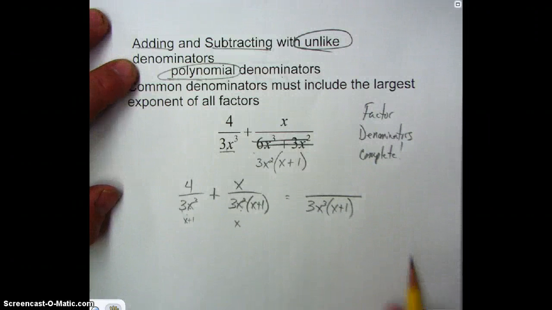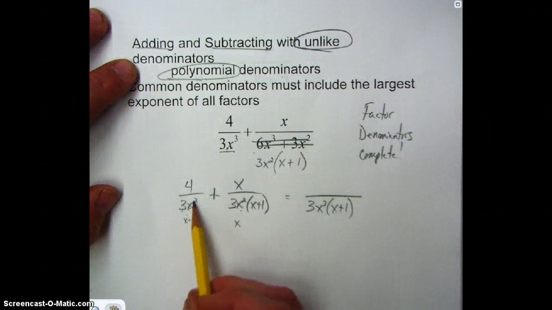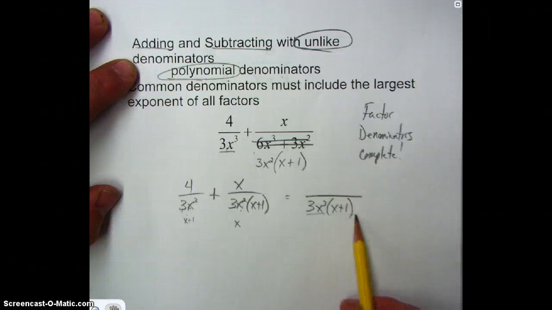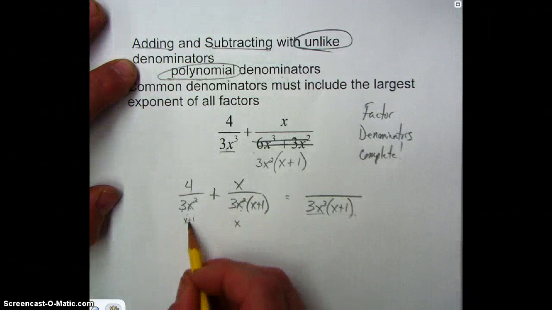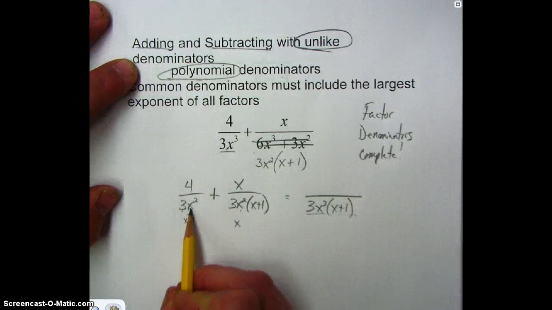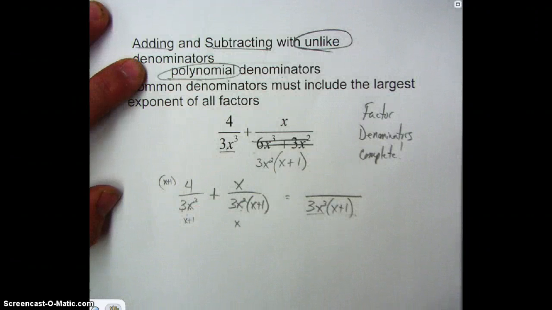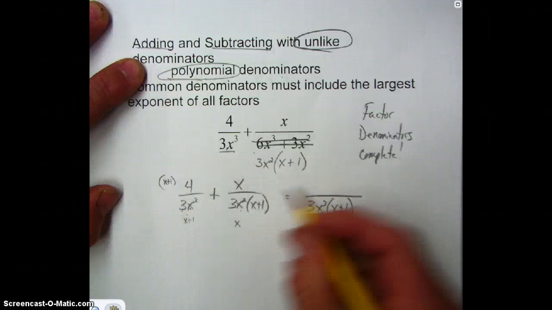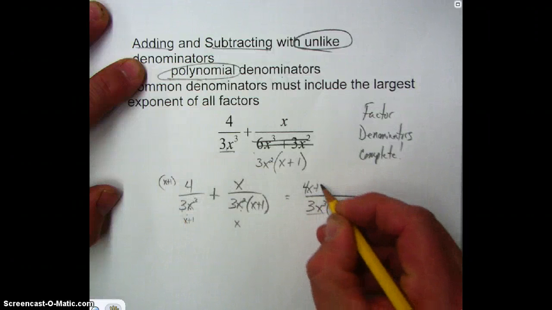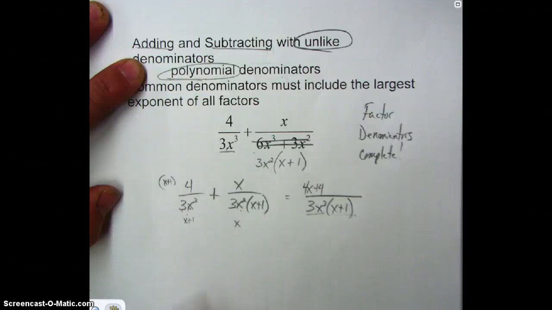So this is 3x cubed, which already has that, but it's missing the x plus 1. If I multiply the bottom by x plus 1, I must multiply the top by x plus 1. So I get 4 times x plus 1, which is 4x plus 4. Remember, you've got to distribute.